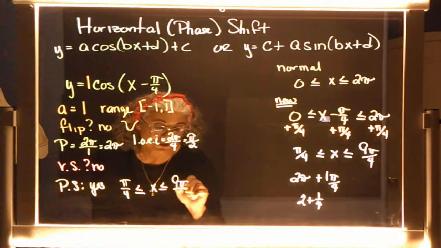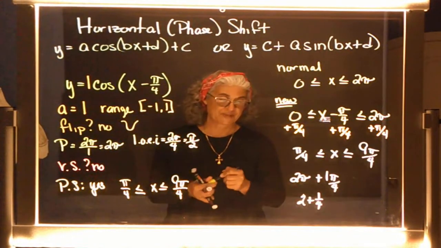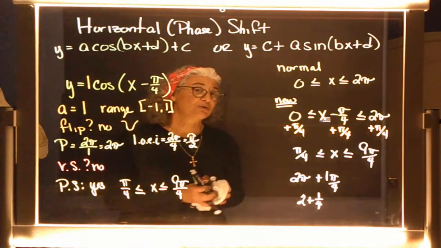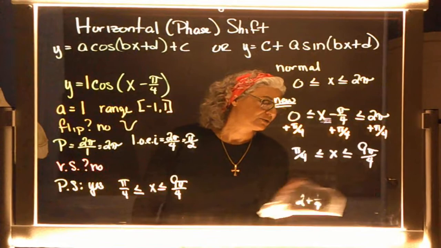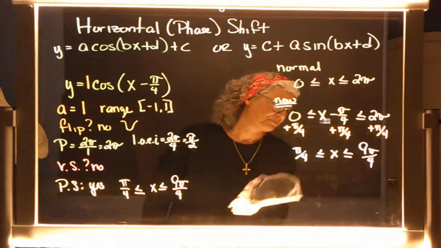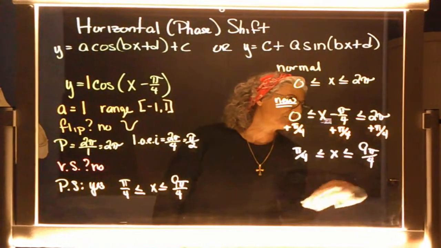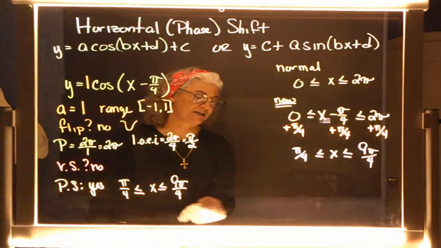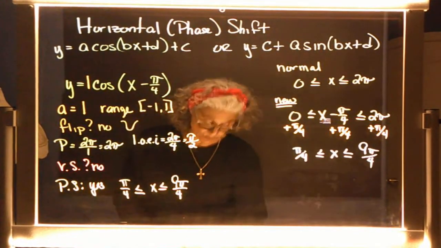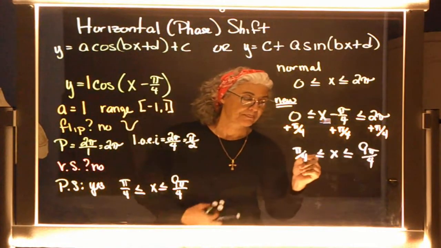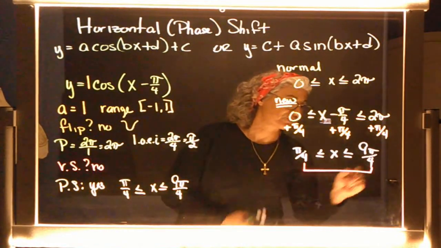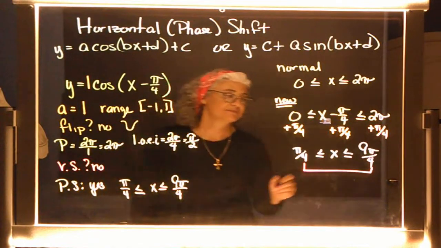9 pi over 4. Now, quick question, because we have to do a double check, because the period is supposed to be 2 pi, right? Which means from here to here should be a length of 2 pi.